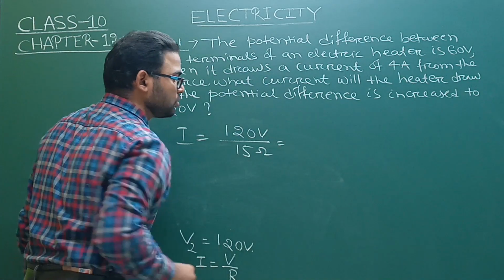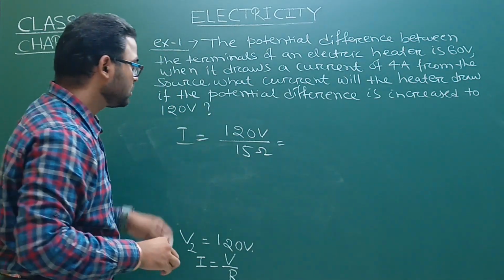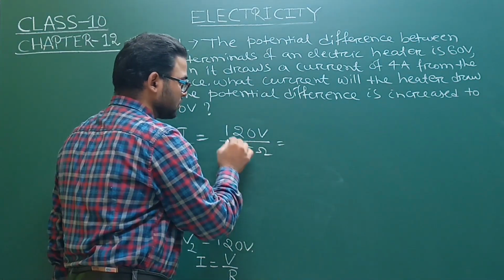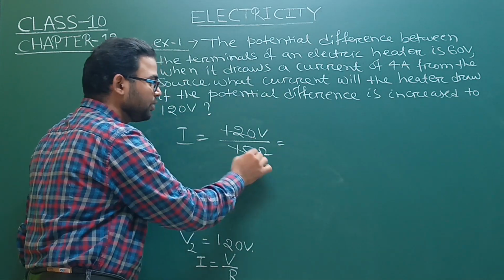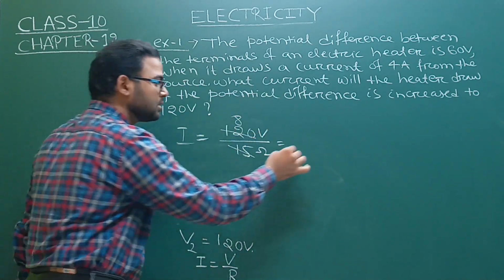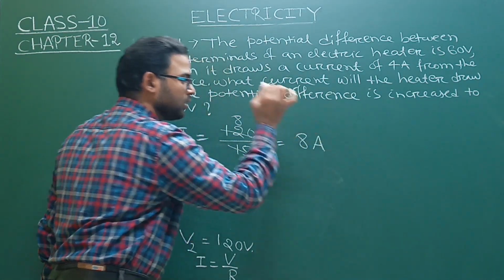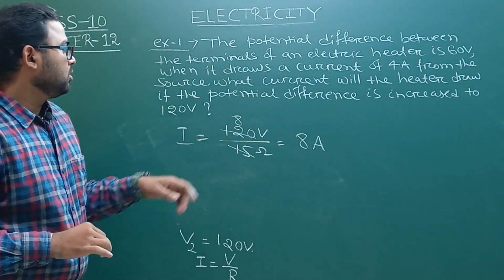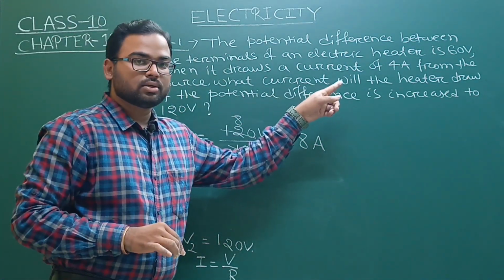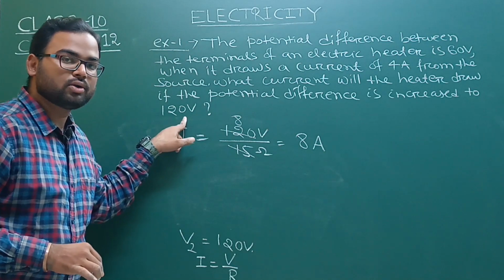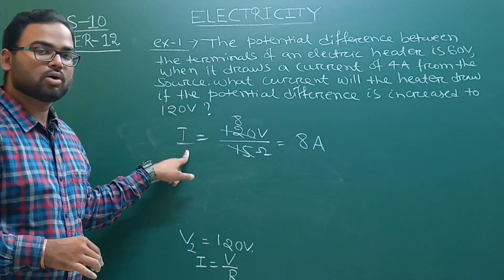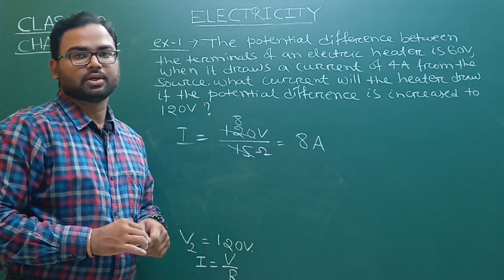So what will be the current? 15 eights are 120, means 8 ampere. So when we connect the heater to the new voltage of 120 volt, the current drawn will be 8 ampere.